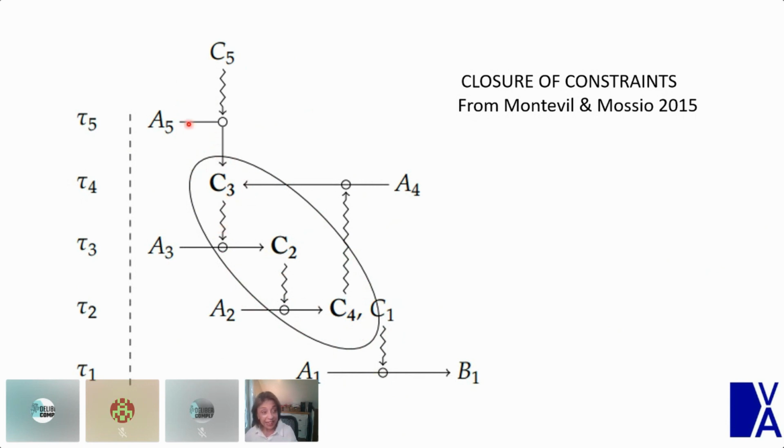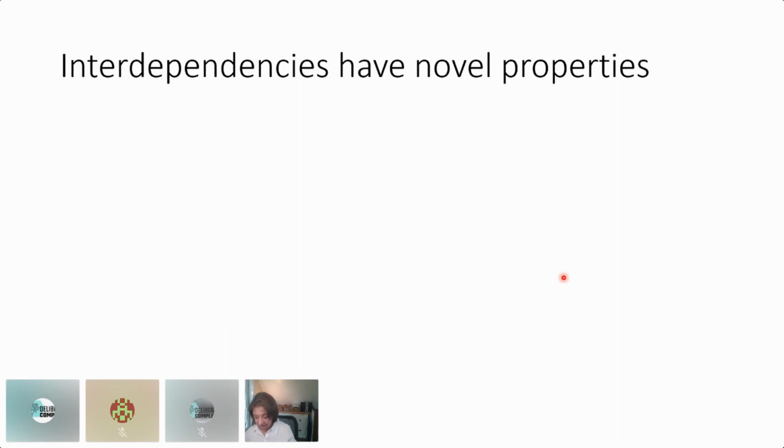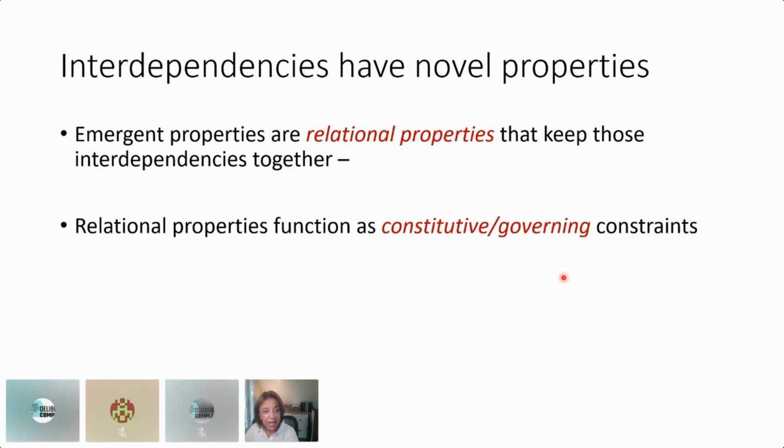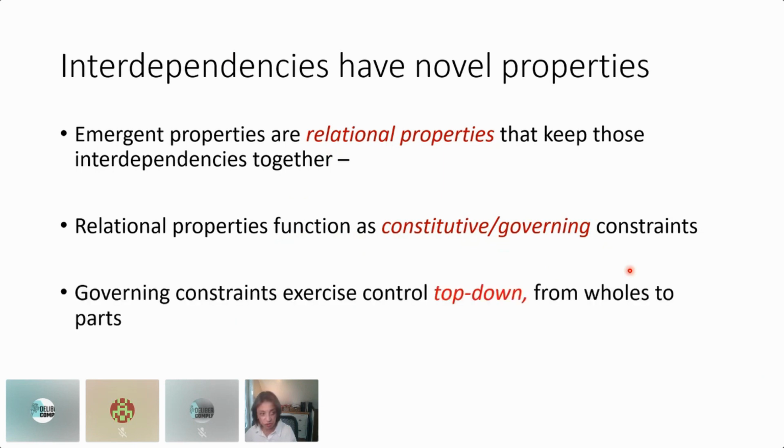Please notice that C3 can be produced by this reaction, but it could also be produced by this reaction. So you have a multiply realizable dynamic as I was trying to illustrate. The interdependents have relational properties that keep them together, and therefore I would want to argue that those interdependent relational dynamics function as governing constitutive constraints that exercise control top-down from the wholes to the parts.